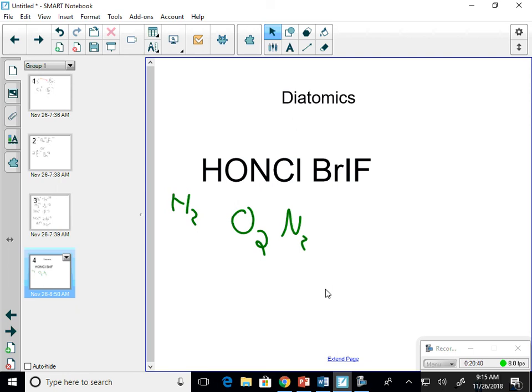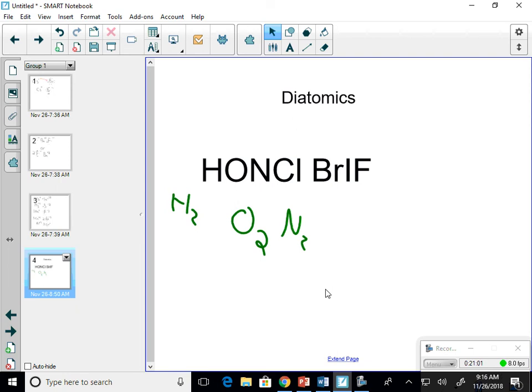Oxygen is O2, hydrogen is H2, nitrogen is N2. So we have to get used to the fact that when we say oxygen, there's no such thing as one oxygen atom existing on its own. It's too reactive. So it's O2, that would just be called oxygen.